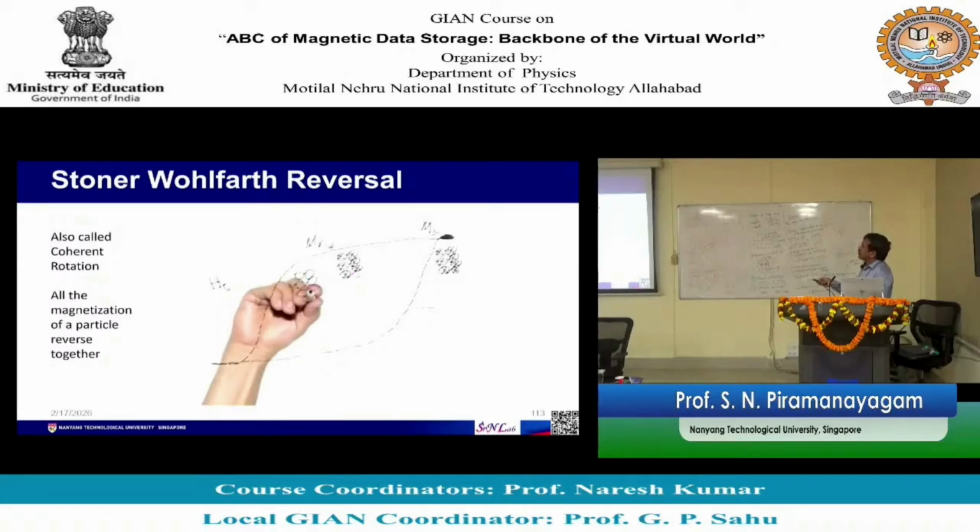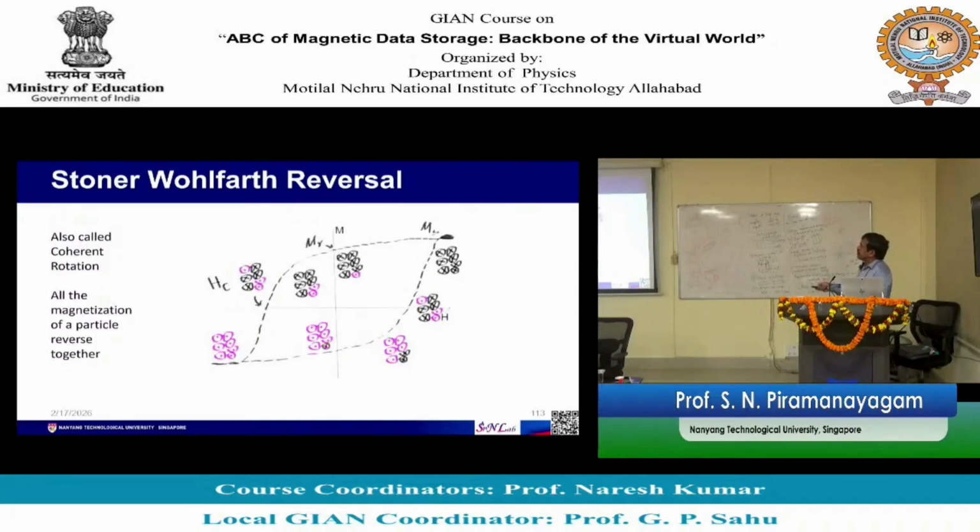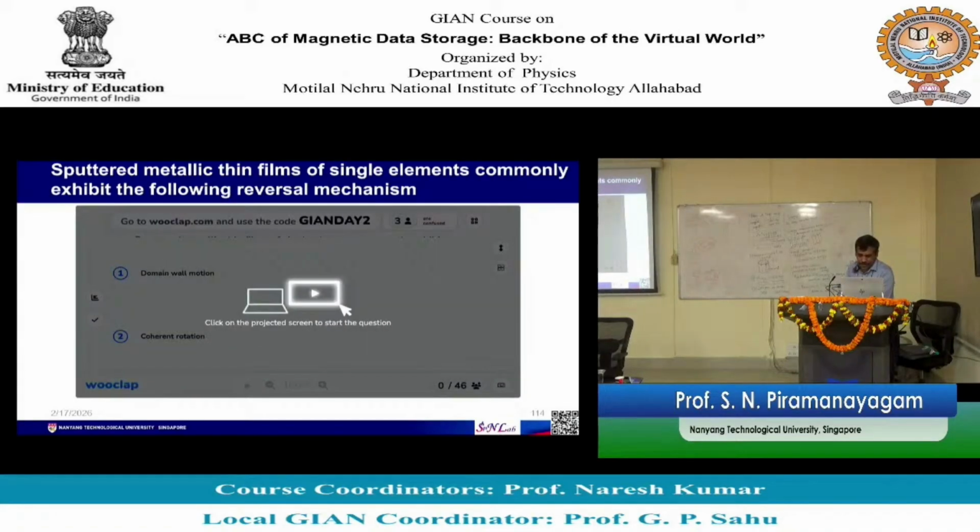Initially all have the same magnetization, and when you go towards the negative field, some reverse first, some reverse later, a few more reverse later, and finally all reverse. Again, when you go from here to the other side, one reverses first, a few more reverse, a few more regions reverse, and finally all regions reverse. So this is how the hysteresis loop is obtained in the case of the Stoner-Wohlfarth reversal or coherent rotation mechanism.